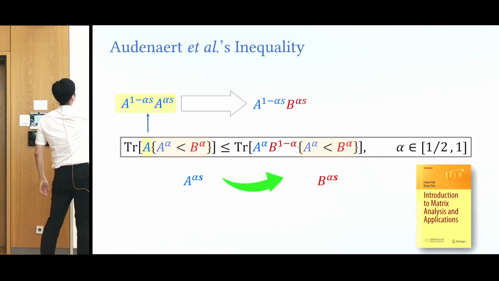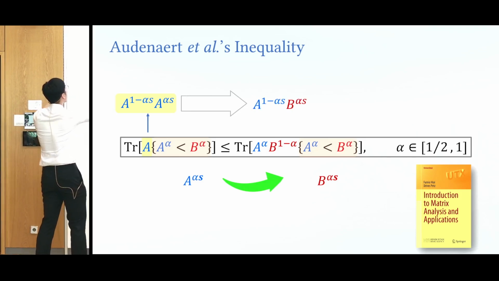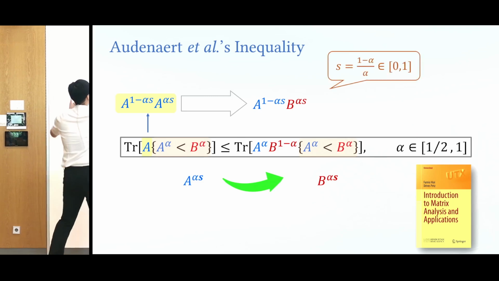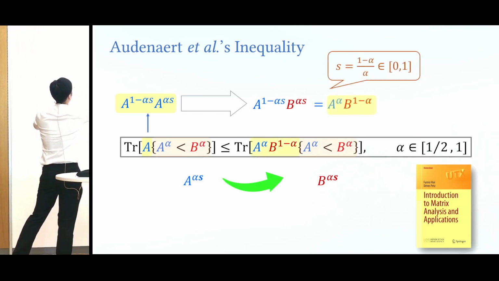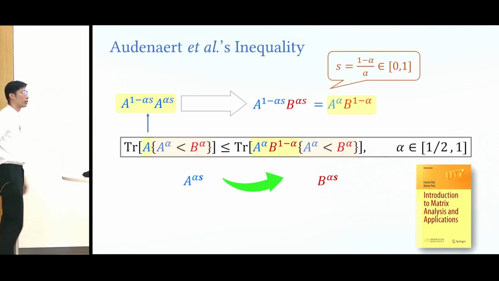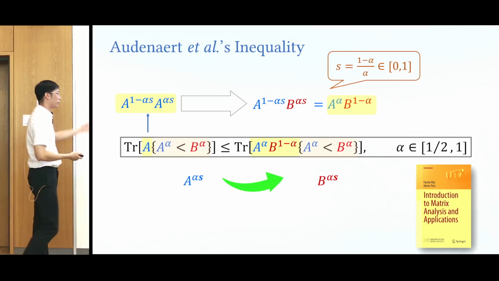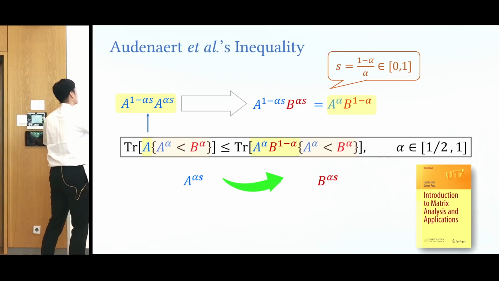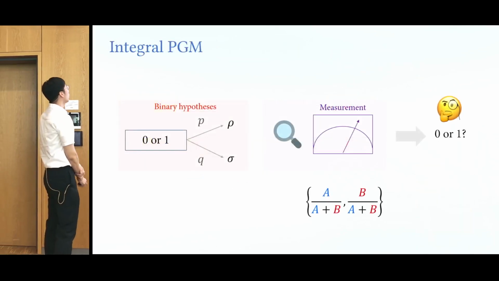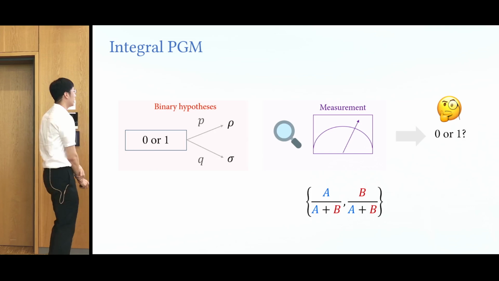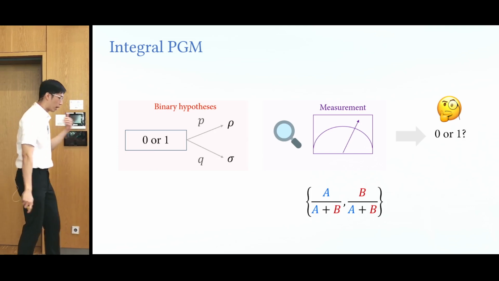We move this, we get this one. In the Audenaert inequality, they prove this inequality specifically for this special S, and you put in this S, you get this one. That's the right-hand side. So that's how I interpret their result. They are kind of doing some tilting to get a multiplicative bound. That's the essential part.